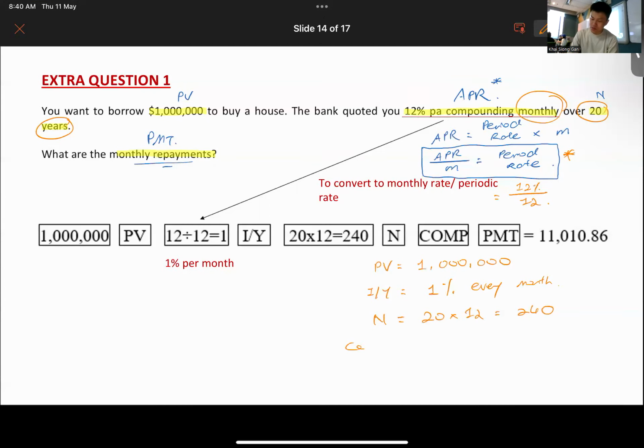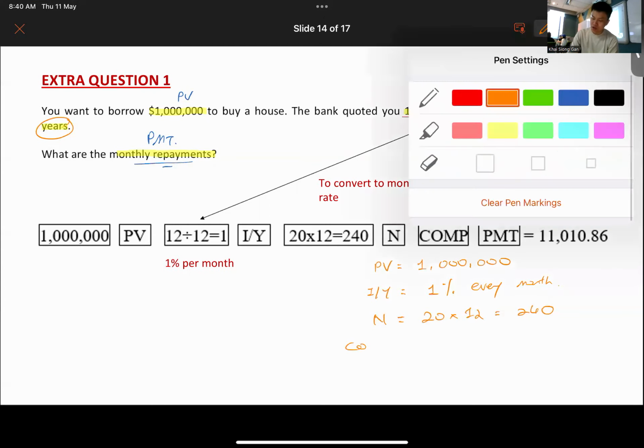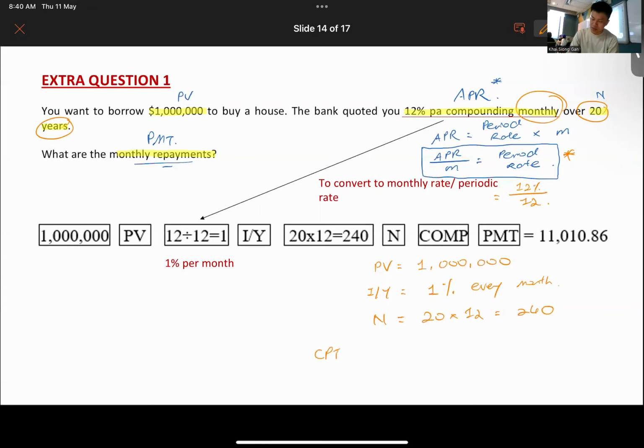And then compute your PMT. Key into your calculator and see what answer you get. Compute PMT. You should get the same answer over here, which is 11010.86. If you have forgotten how to key into the calculator, please let me know. Remember, the present value, you must put negative.